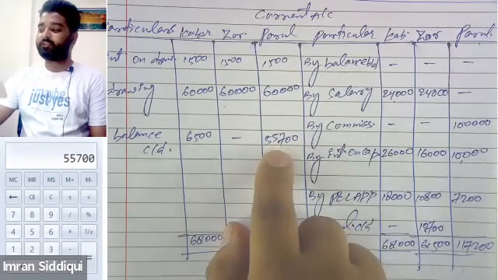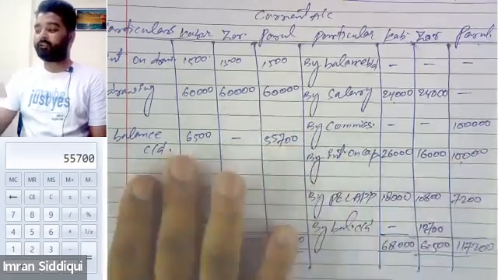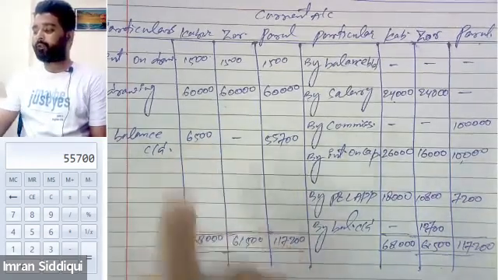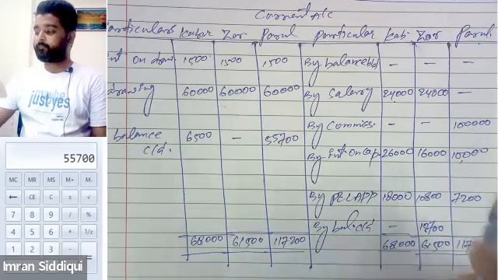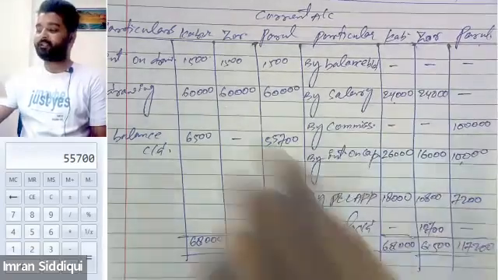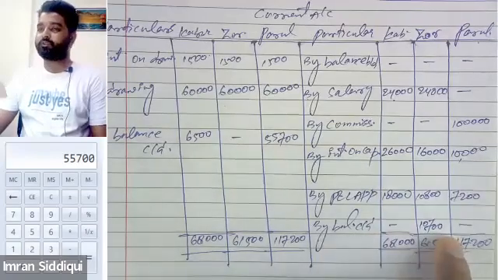So why is there a closing balance on the debit side for Zoravar, but a closing balance on the credit side for Parul? Since Zoravar's credit side is less than the debit side, Zoravar has got the debit closing balance.